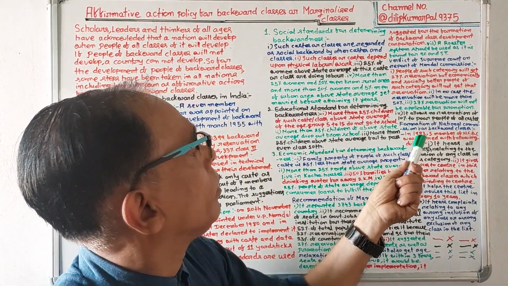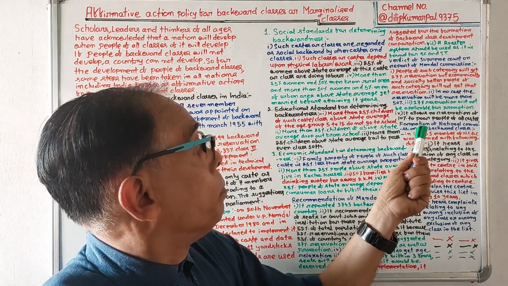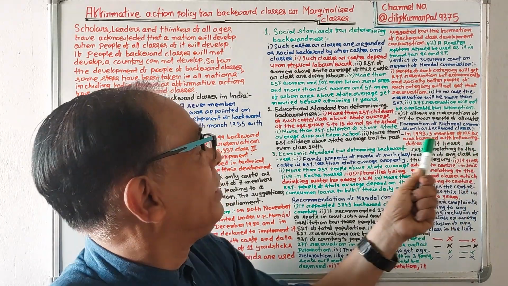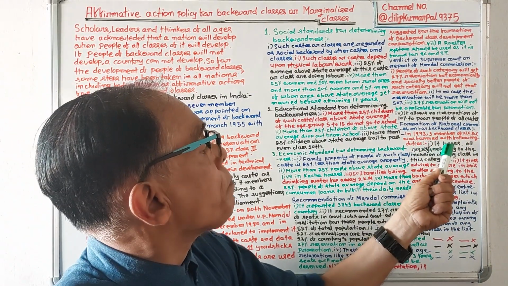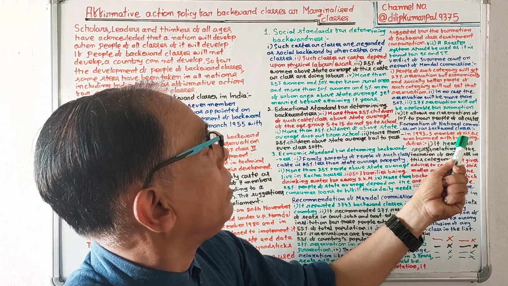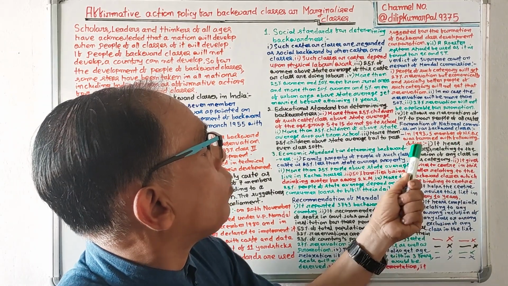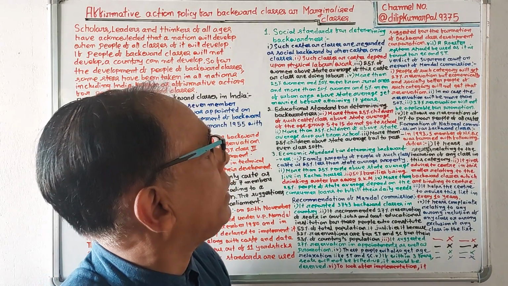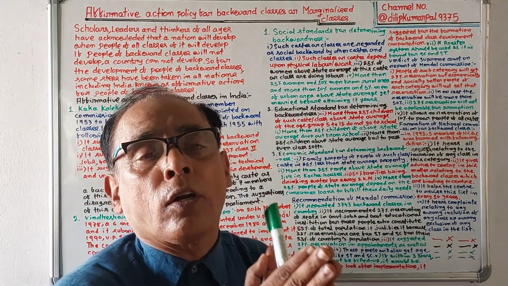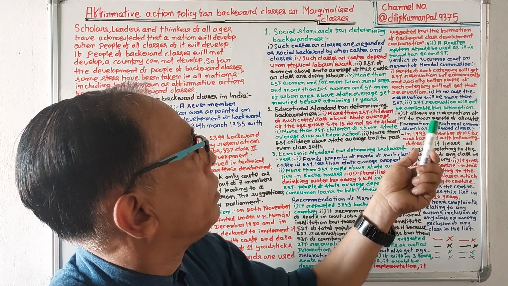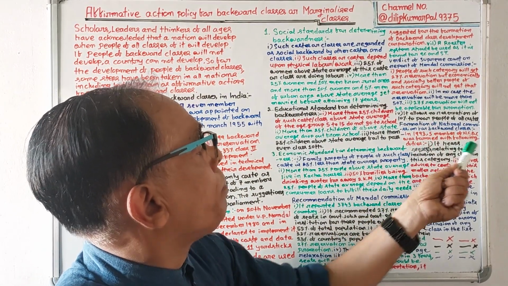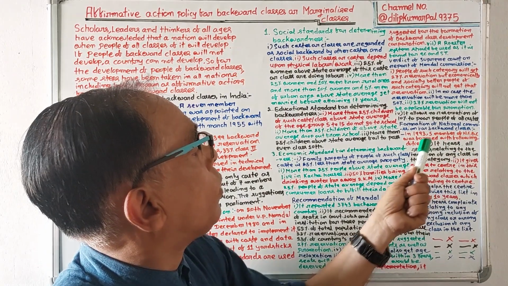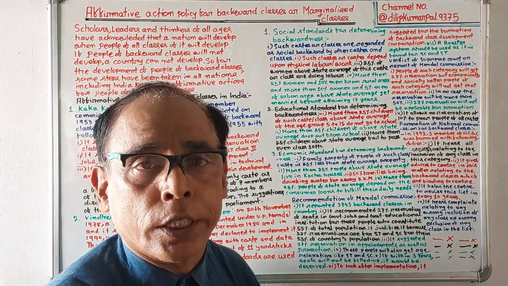Then came the formation of the National Commission for Backward Classes. In 1993, a 5-member NCBC was appointed with the following duties.